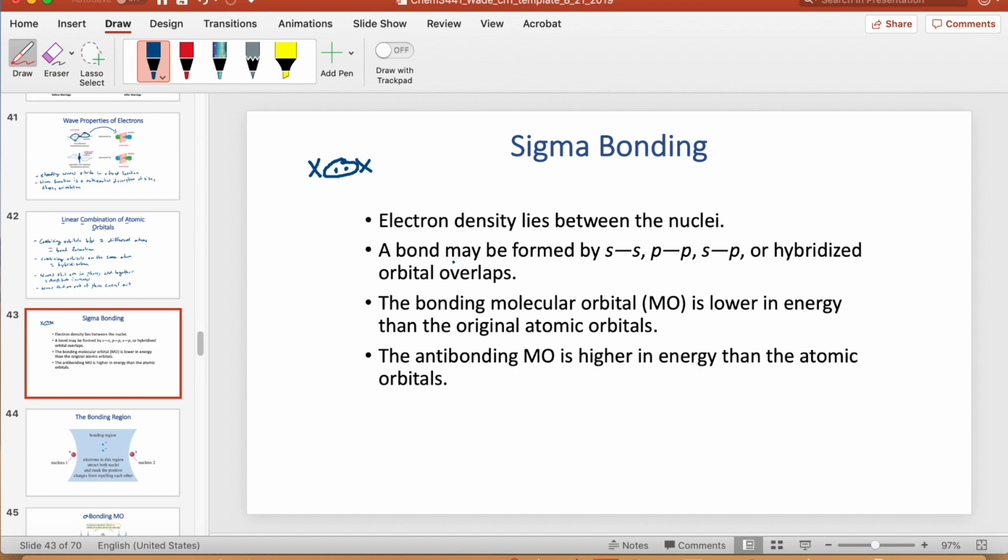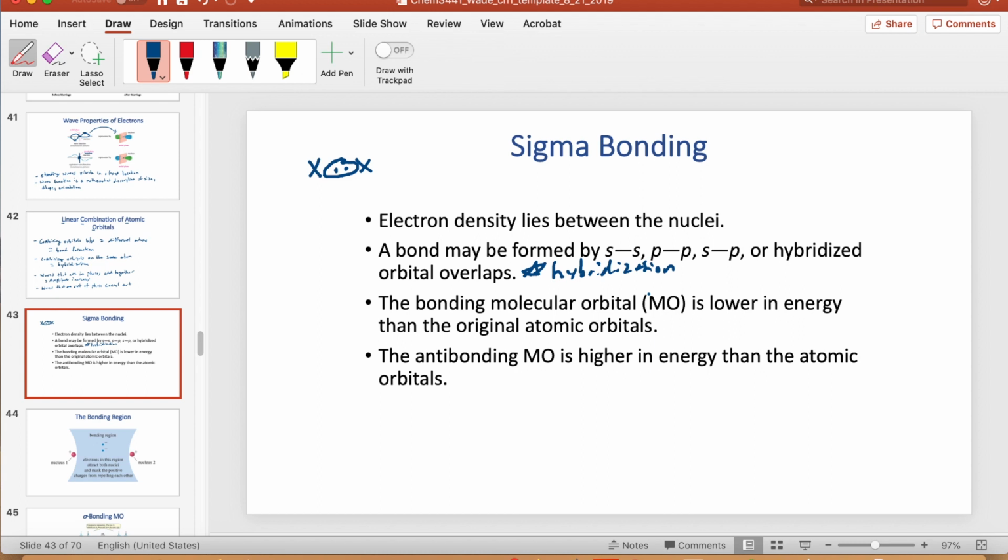We can form sigma bonds by the overlap of an s orbital with another s orbital, a p orbital with another p orbital, or an s overlapping with a p, or some other hybridized orbital. So here is where it's really important that you understand hybridization.